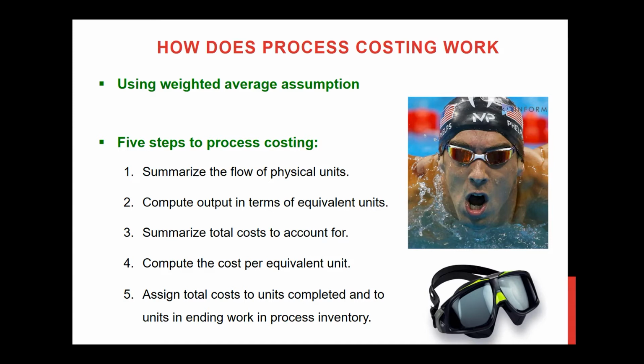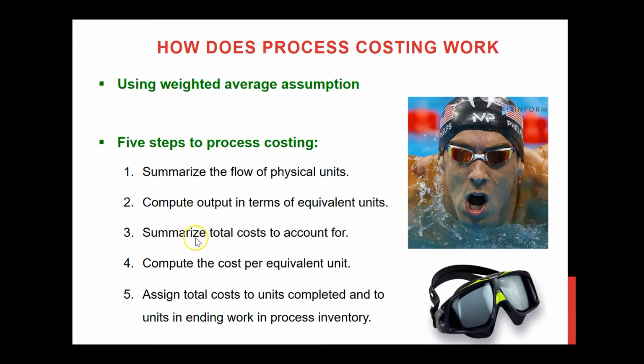Let's take one example, and this example is a swimming glass manufacturing company, and they follow a process costing system. And when they follow a process costing system, they follow 5 steps. Step number 1, you have to summarize the flow of the physical units. Step number 2, you have to compute the output in terms of equivalent units.